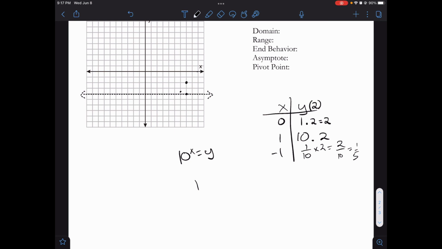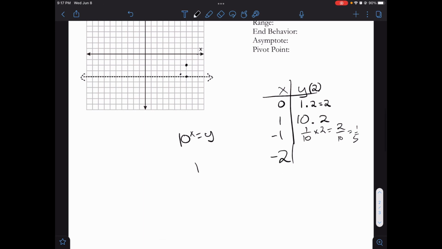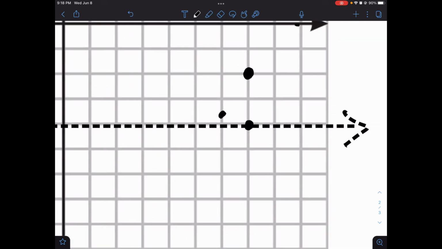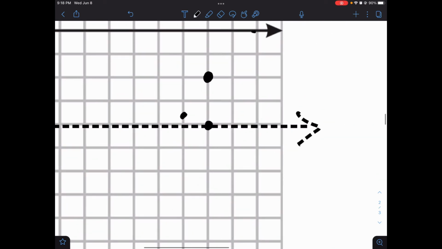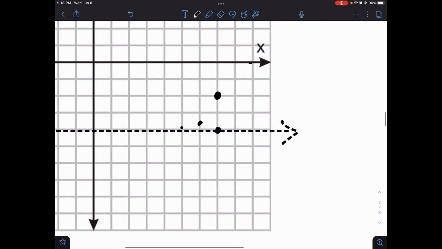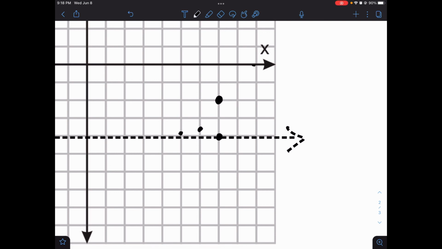We cannot plug in 2 and 1 is still too big. Our only choice is to plug in -2, which gives us 1/100. 1/100 times 2 is 2/100, meaning 1/50. So let's just try to graph that. 1/50 and to the left 2, let's say right there. So that's our graph.